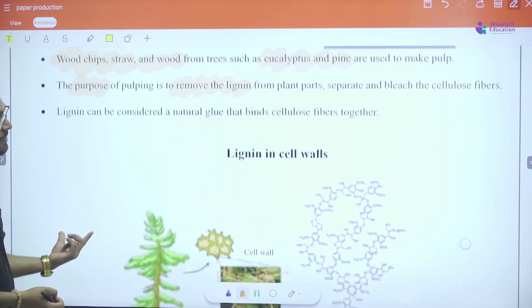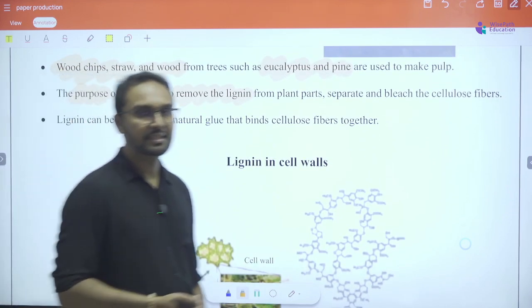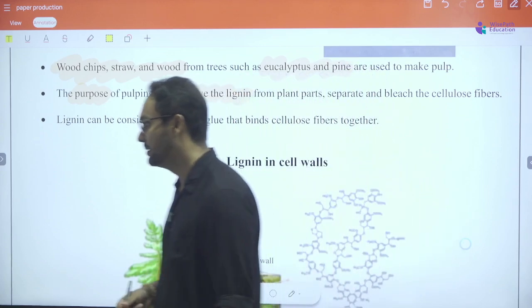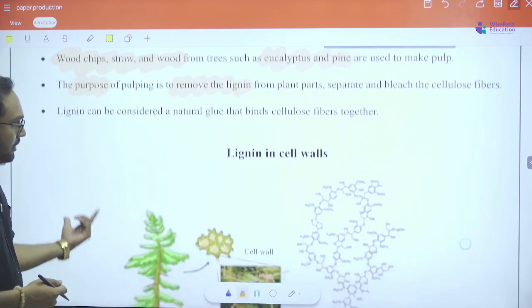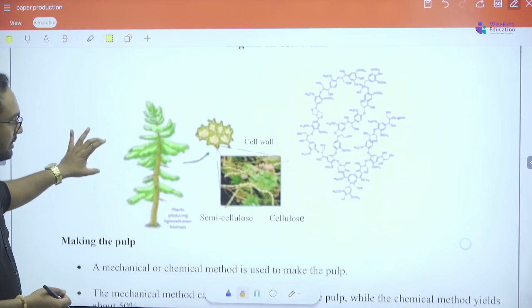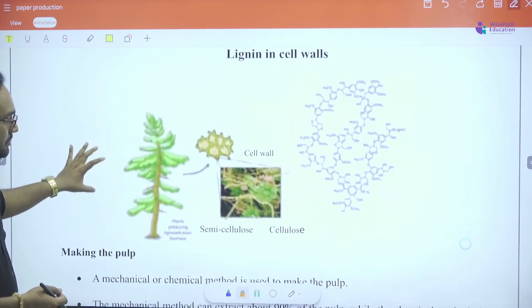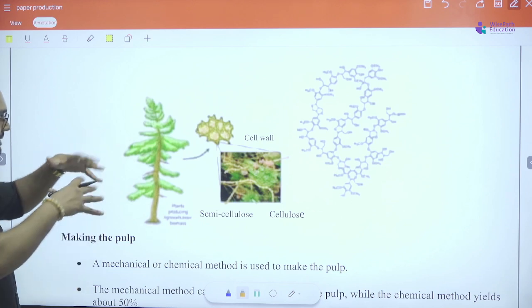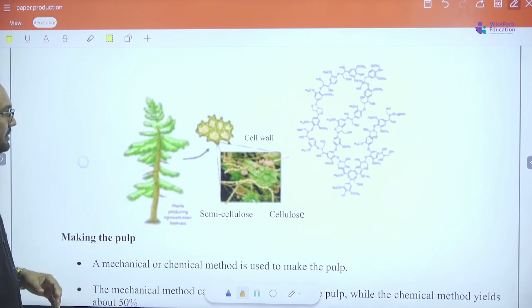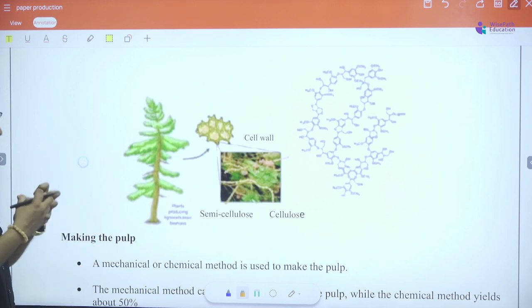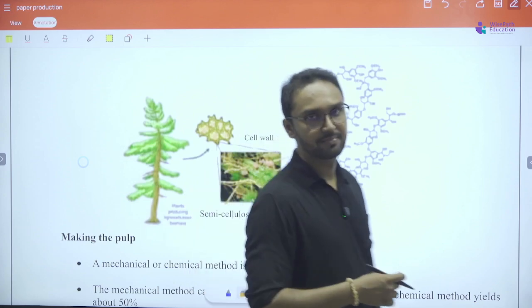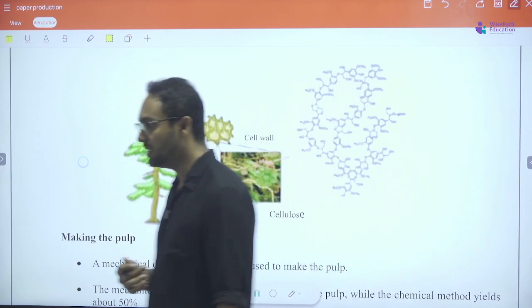So if you are asked what lignin is, it is a glue that binds cellulose fibers together. You don't have to remember the structures. In a plant, lignin surrounds the cellulose fibers and acts like a glue, making them stick together and form a very hard surface.